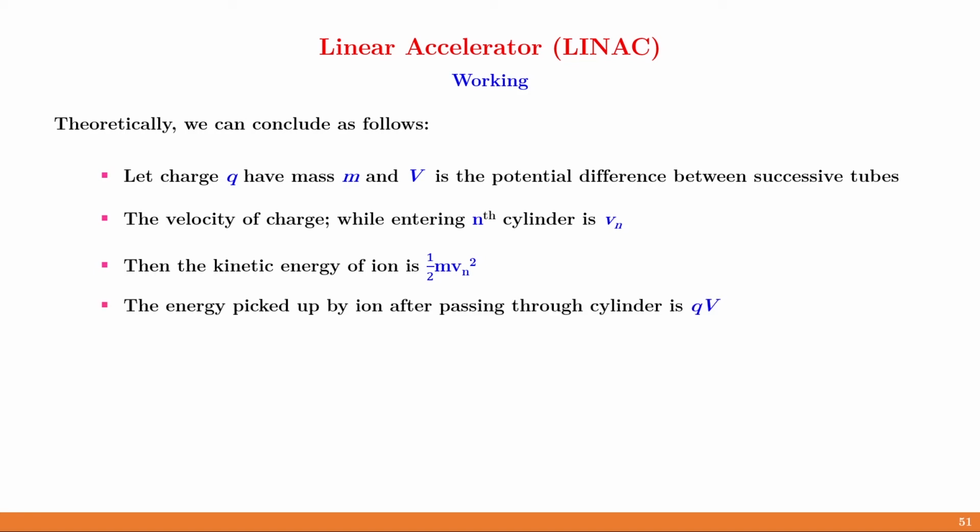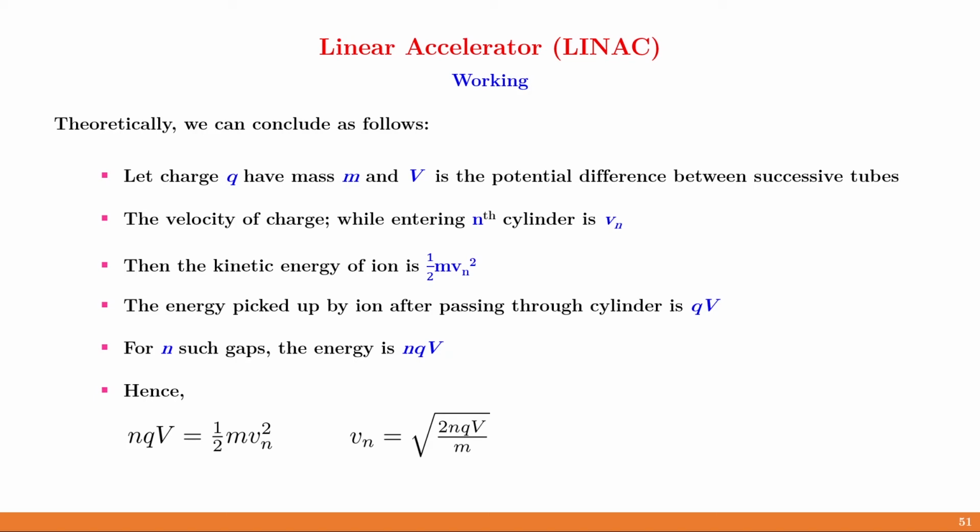The energy picked up by the ion after passing through a gap is Q times V. For n such gaps, the energy is n times QV. Hence, we can equate these and write nQV equal to half m Vn squared.